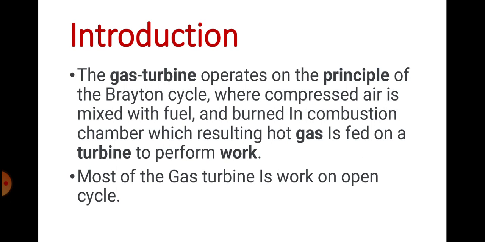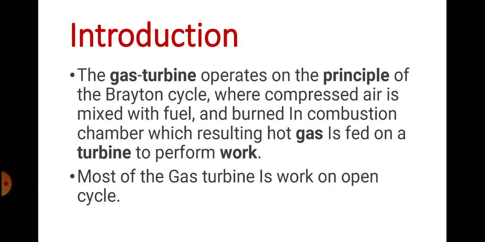Open cycle. As we know, gas turbines are classified into two types: open cycle gas turbine and closed cycle gas turbine. When we compare the open cycle gas turbine with the closed cycle gas turbine, one major difference is that the feedback system is present in the closed cycle gas turbine.